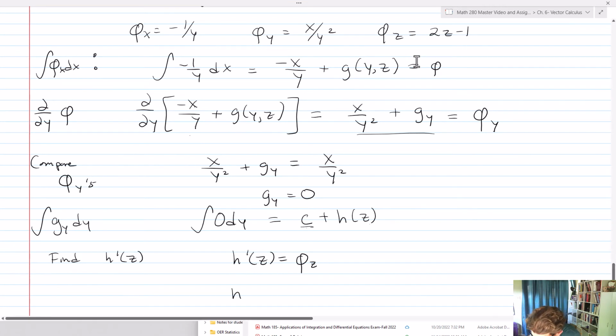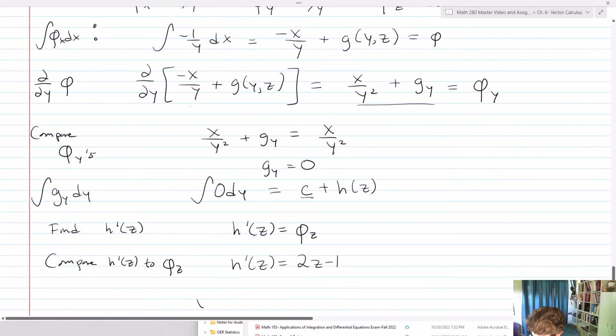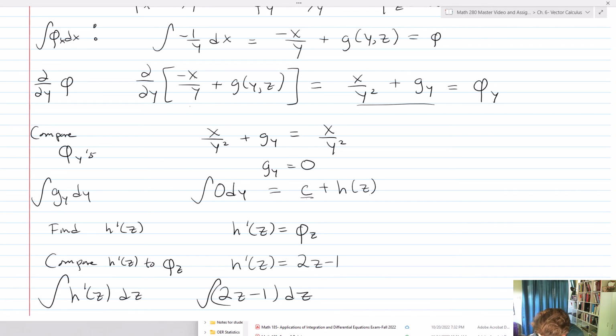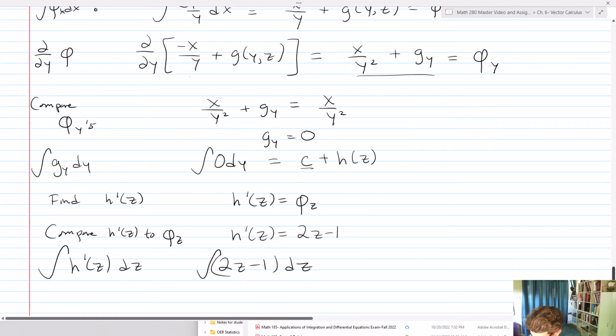So h prime of z ends up equaling 2z minus 1. We're going to compare h prime of z to phi of z. That's our last piece. And then we need to integrate with respect to z. So we're going to integrate 2z minus 1 dz, so we'll integrate h prime of z dz. And that ends up giving me z squared minus z.